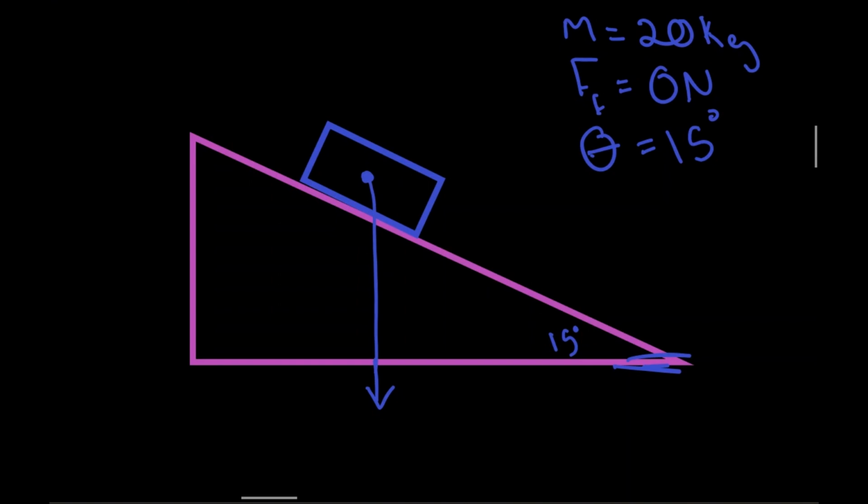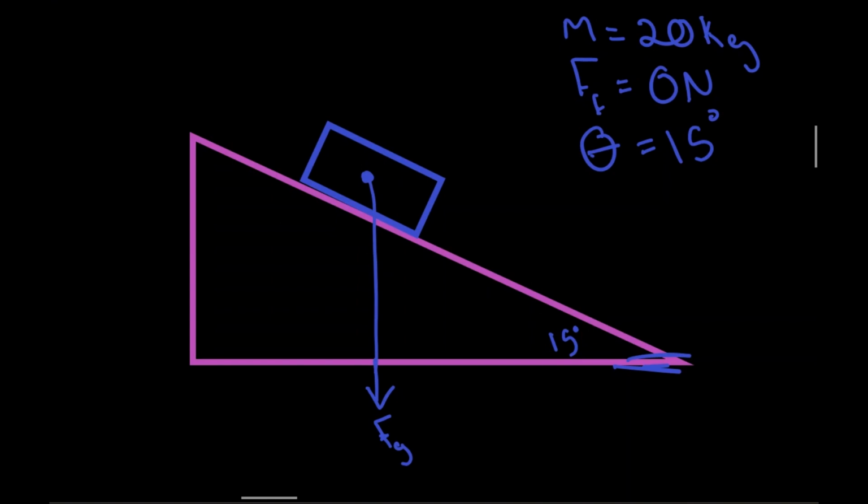So we can label this arrow as force of gravity. However, force of gravity can be split up into two parts: its perpendicular and its parallel component.